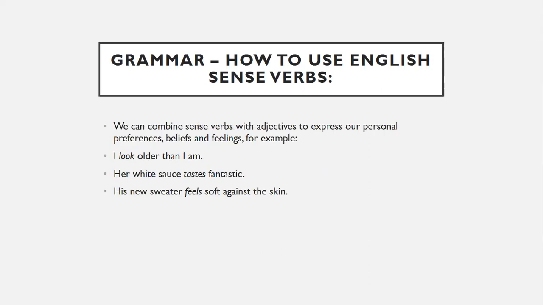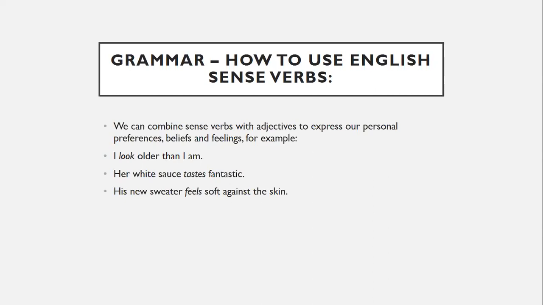And you have three examples of sensory verbs or sense verbs to express these three things, either a personal preference, a belief, or a feeling. I look older than I am. Her white sauce tastes fantastic. And the last one, his new sweater feels soft against the skin.